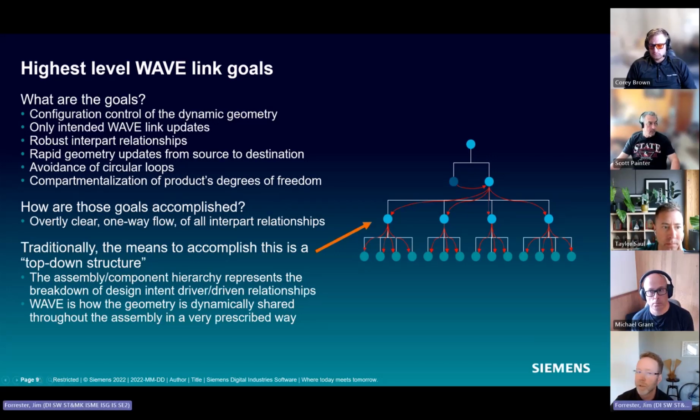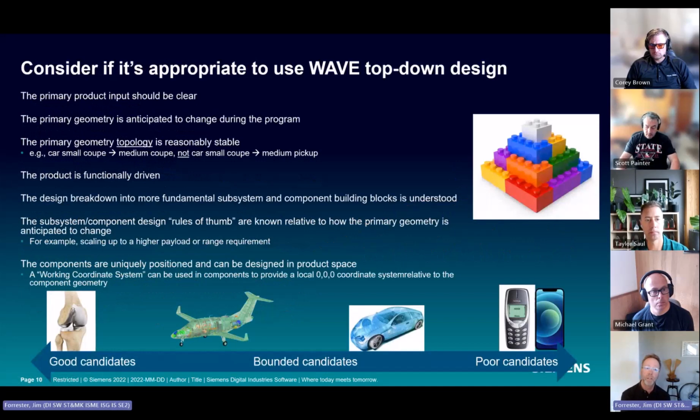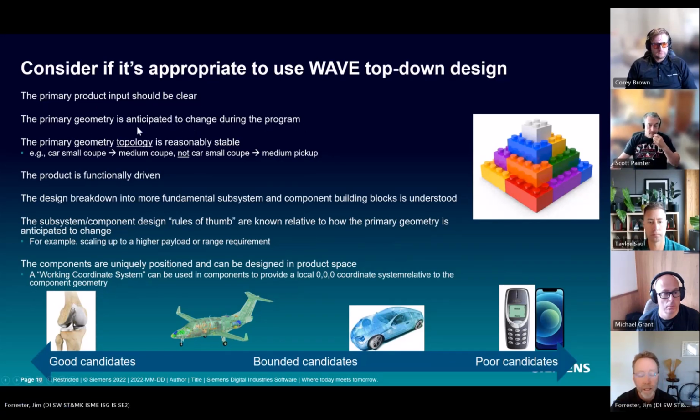So some things to consider, if it's appropriate to use wave top-down design on your product. So here's some things to think about. The primary product input should be clear. The primary product geometry is anticipated to change during the program. Again, going back, if it's not anticipated to change, it's static.